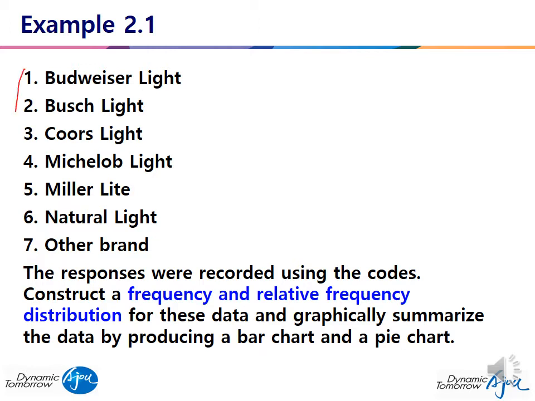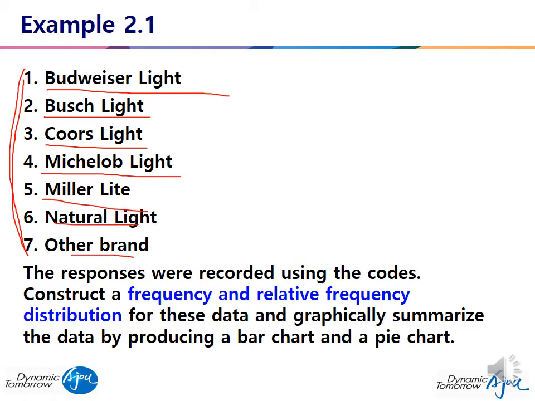These are their selection, their choice. If they choose one, Budweiser Rye; second, Bush Rye; third, Coors Rye; fourth, Michelob; Miller; Natural; other. Responses were recorded using codes.